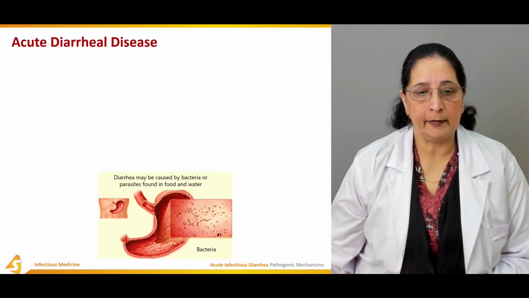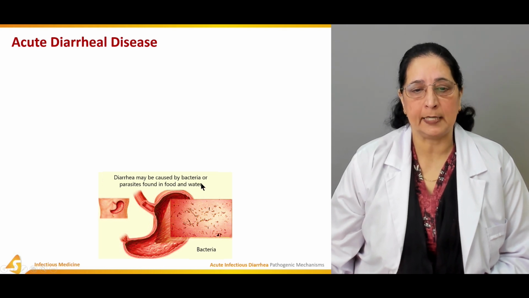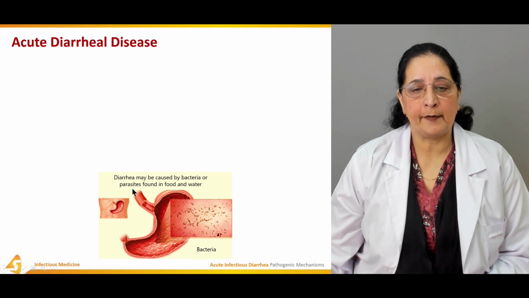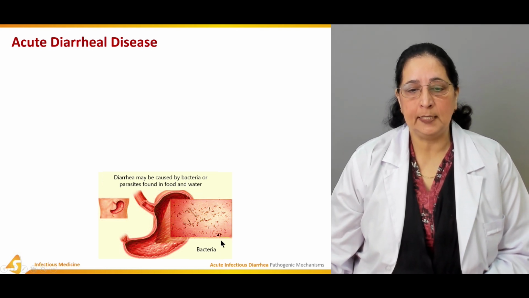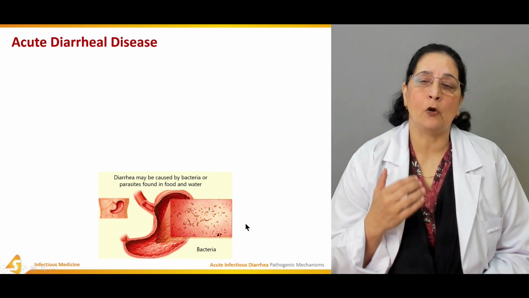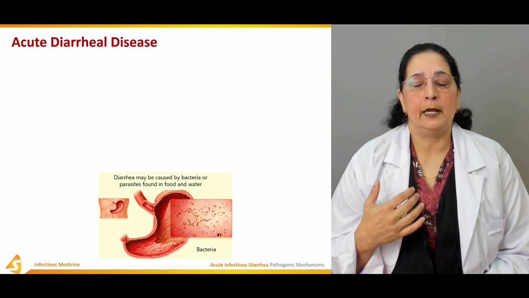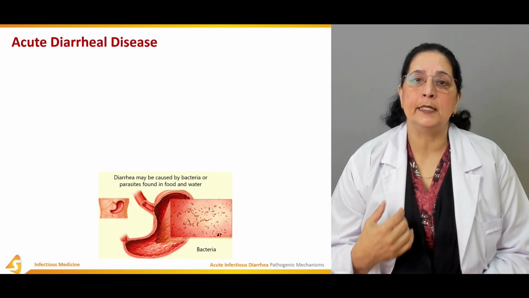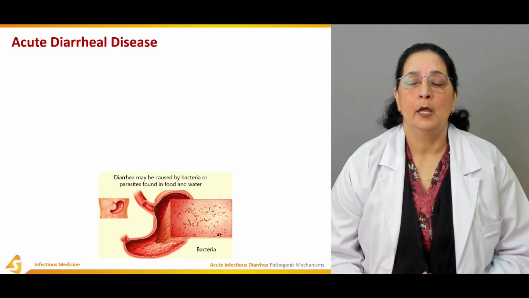And in this diagram here you can see the diarrhea may be caused by bacteria or parasites found in food and water. These are the bacteria. One very common cause of infectious diarrhea is eating food that is contaminated, drinking water that is not clean.